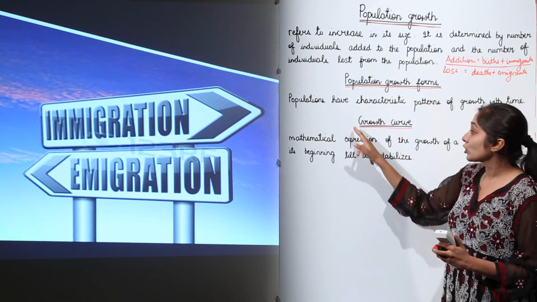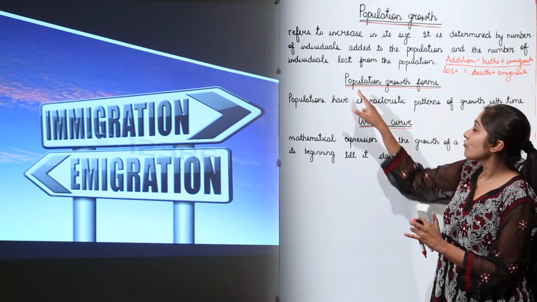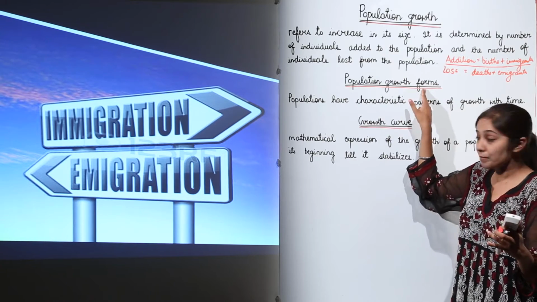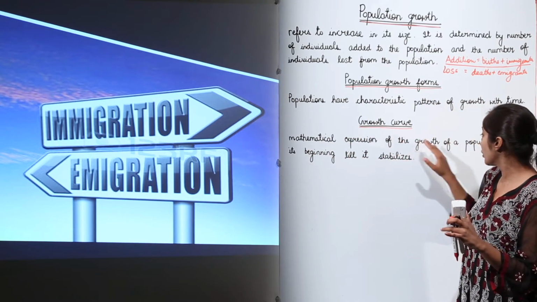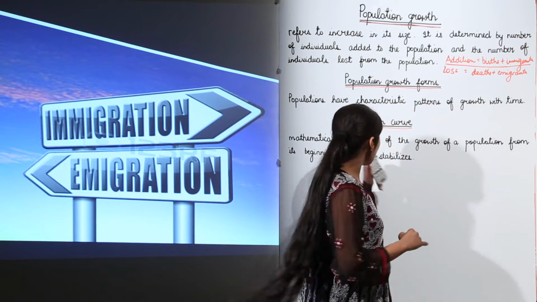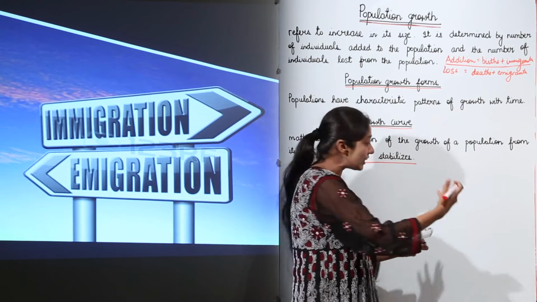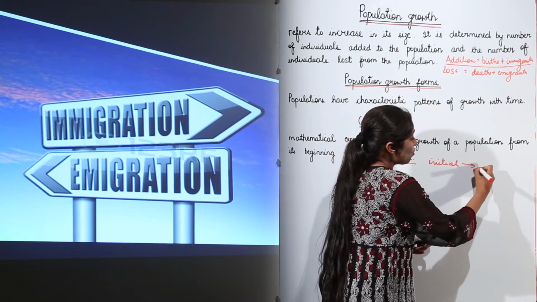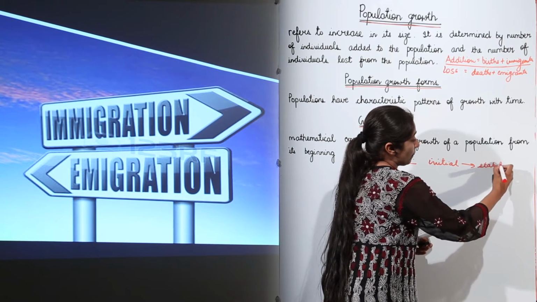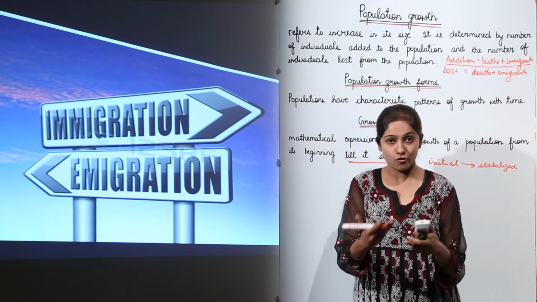Growth curves are the mathematical expression of the growth of a population from its beginning, from the initial state, till it stabilizes, the stabilized state.